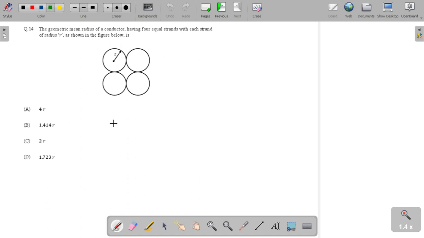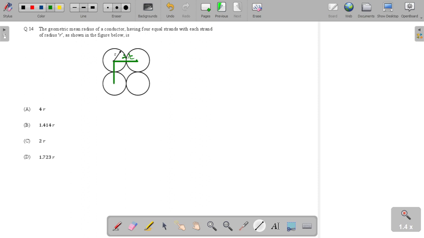Each conductor has a radius of r, so the distance from center to center will be 2r.